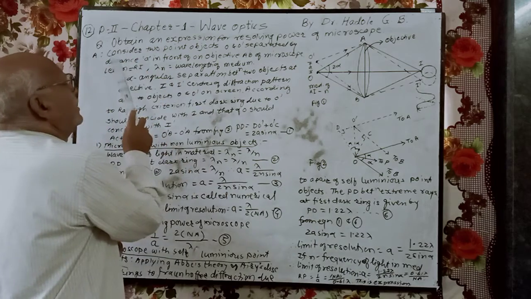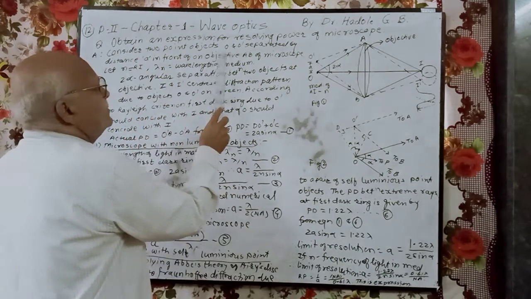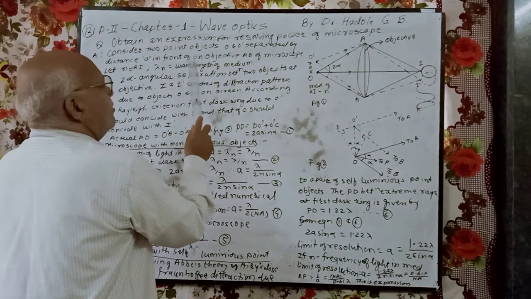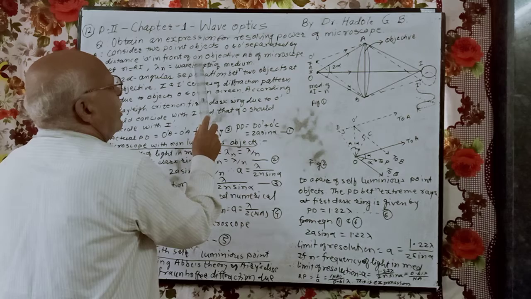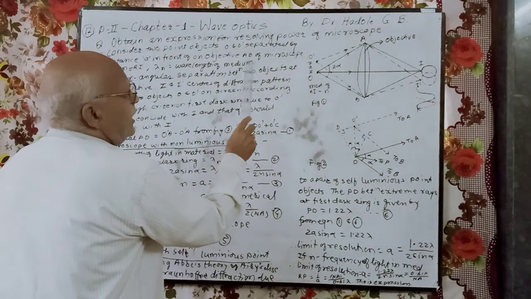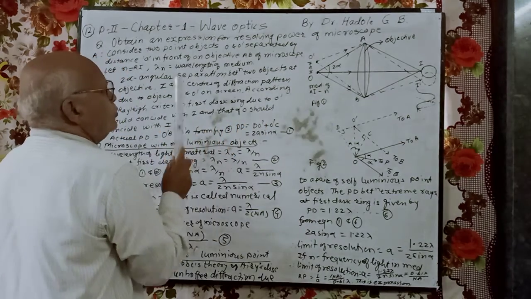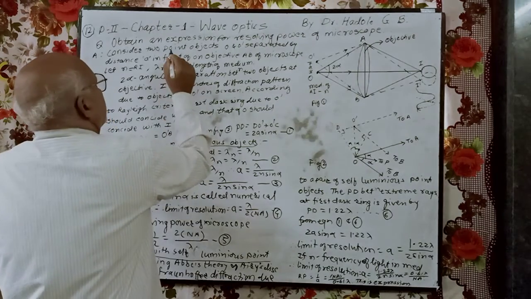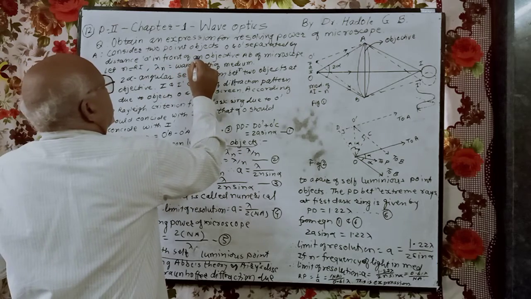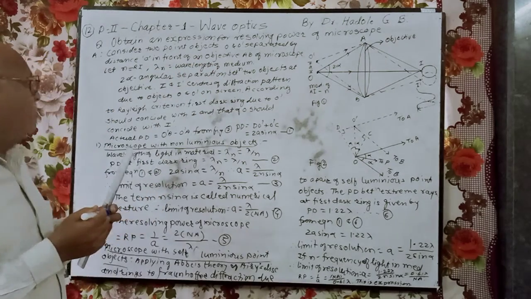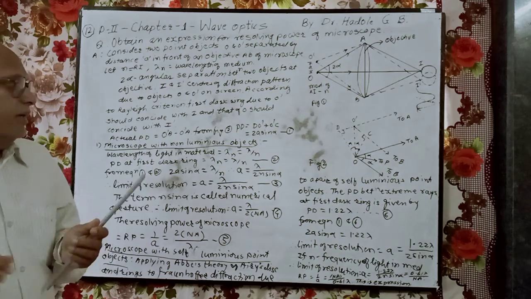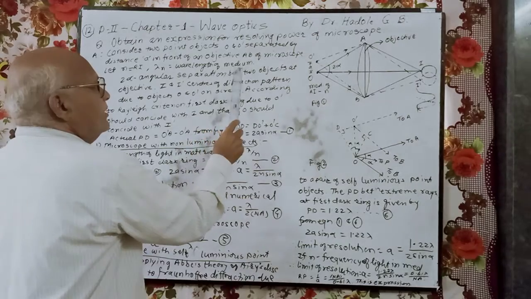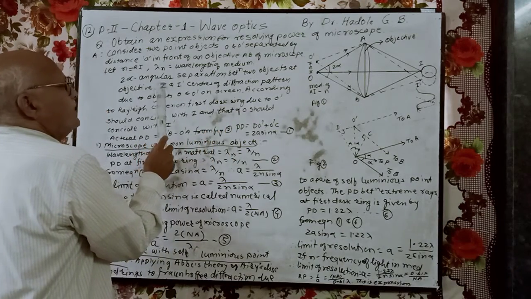Consider two point objects O and O dash separated by distance a in front of an objective AB of a microscope.